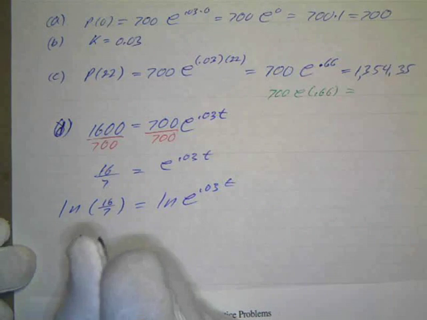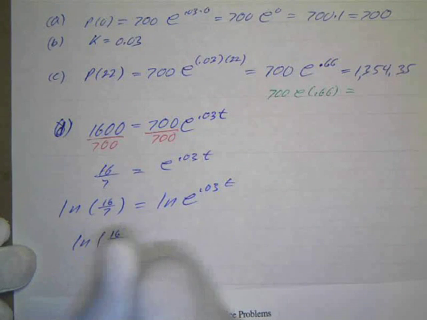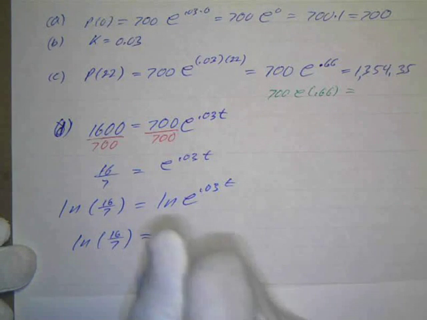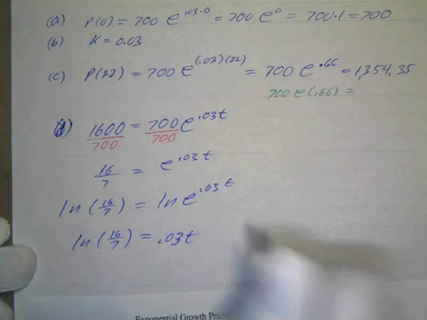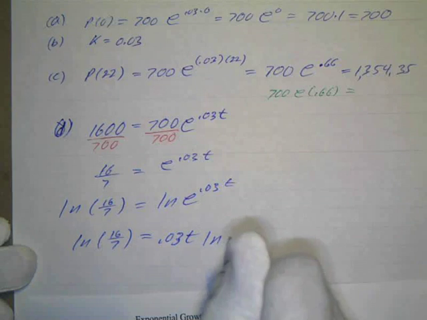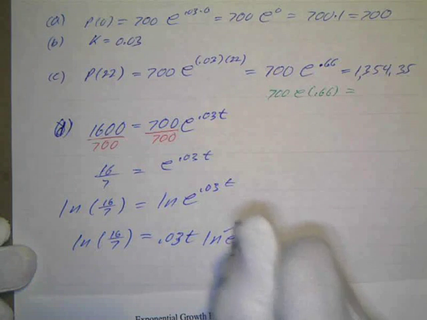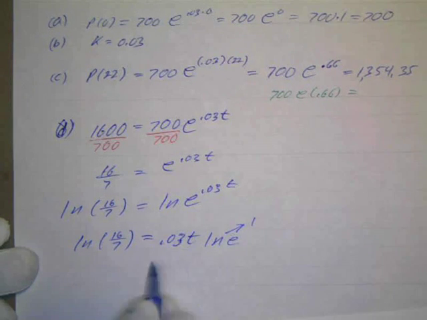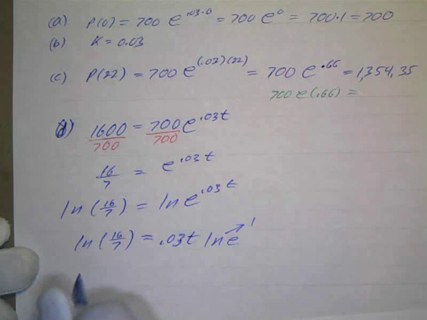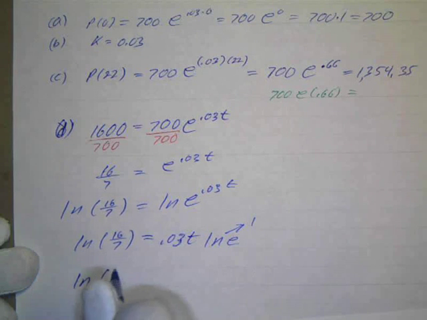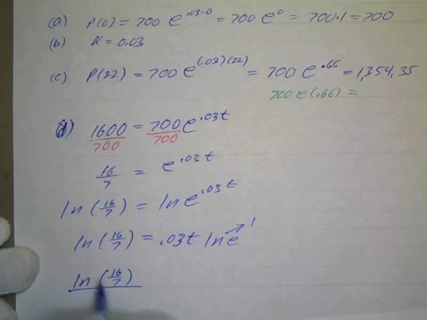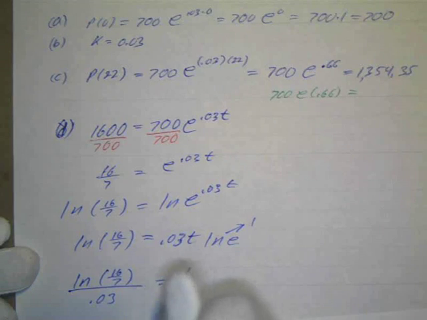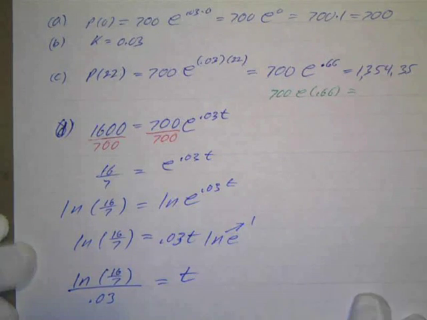So that's the natural log of 16 divided by 7 equals 0.03t times the natural log of e, but the natural log of e is 1. And then I divide both sides by 0.03, so I get the natural log of 16 divided by 7 divided by 0.03 equals t. All right?